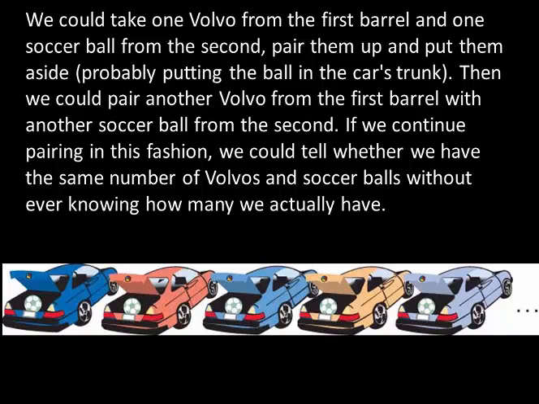It's just if there exists a one-to-one correspondence between the elements of the two sets, in this case the set of soccer balls and the set of Volvos. If there is a one-to-one correspondence, a way to pair them up, then the two sets have the same cardinality.